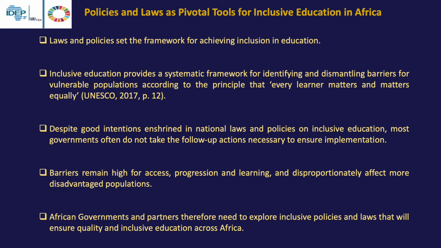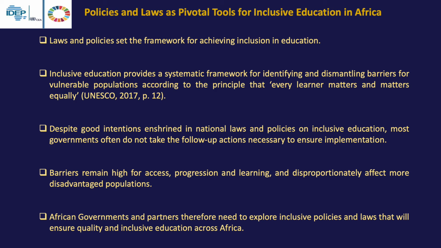But in spite of the good intentions enshrined in national laws and policies across Africa as regards inclusive education, we've seen that most governments often do not take the needed follow-up actions to ensure successful implementation.